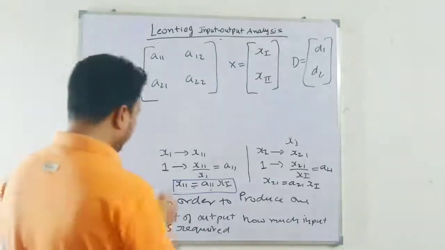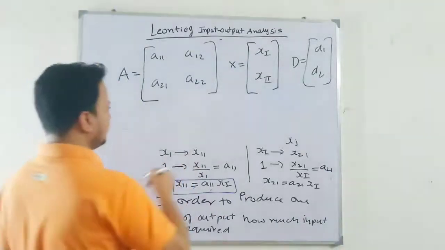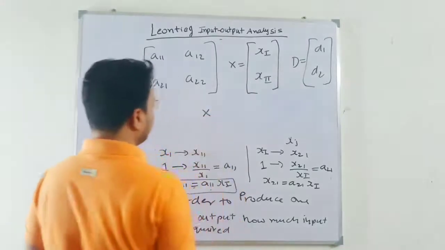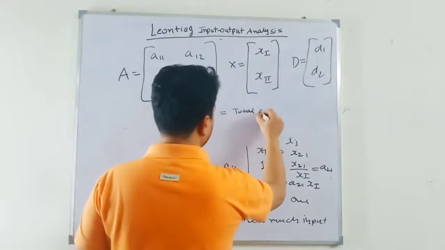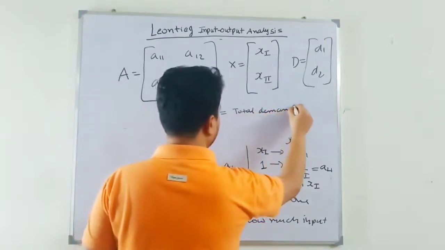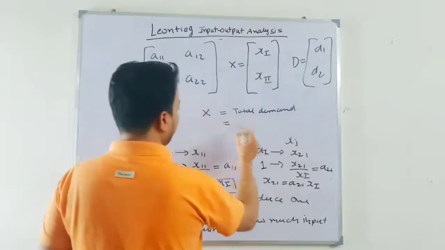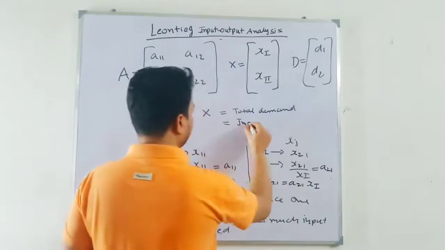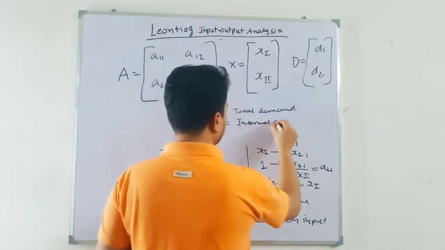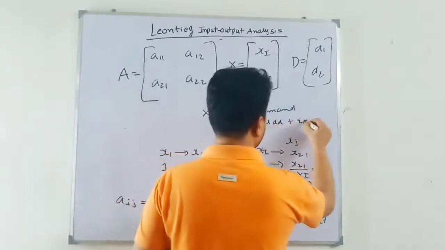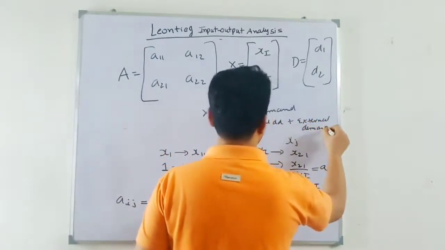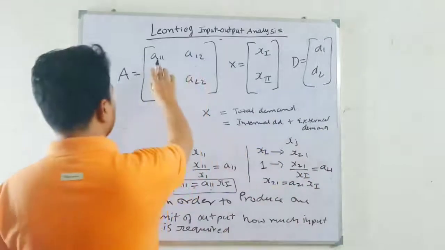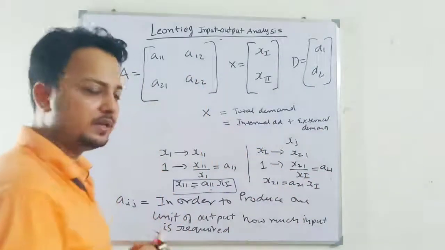So I started this session by saying that total production equals total demand, and total demand is internal demand plus external demand, and this is a component of my internal demand.